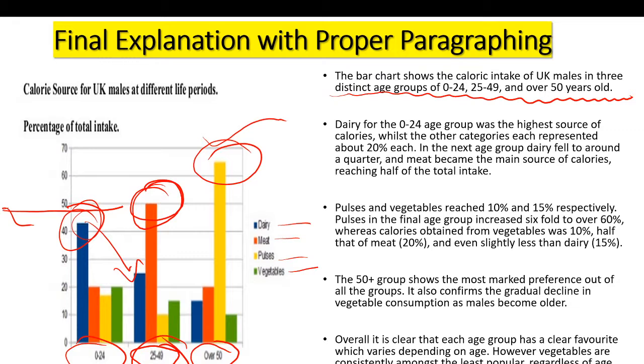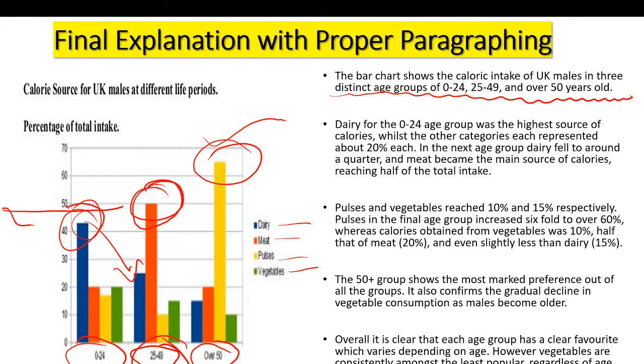So you can talk about it increasing by sixfold, which means it increased six times more. Let's take an example. It was 10% over here, so it increased more than sixfold.